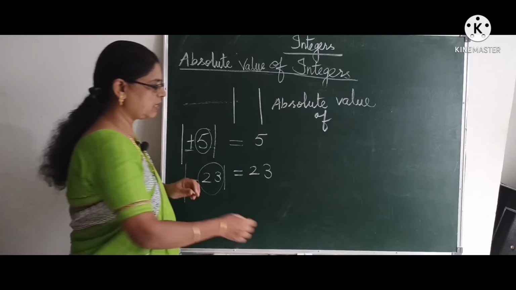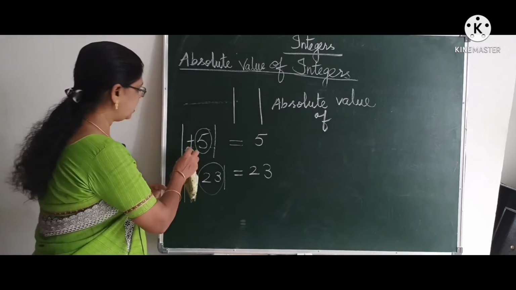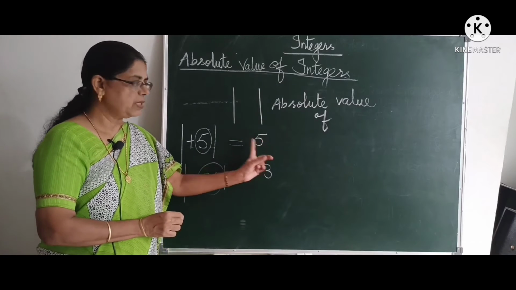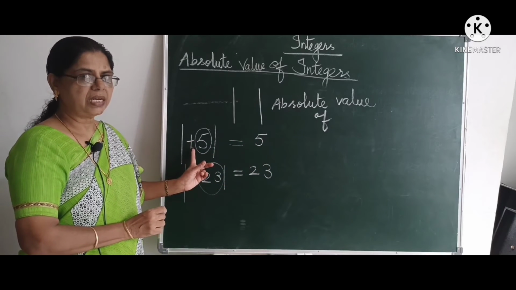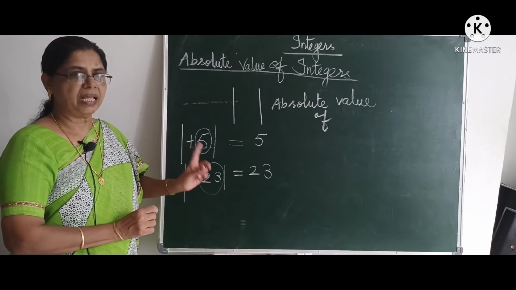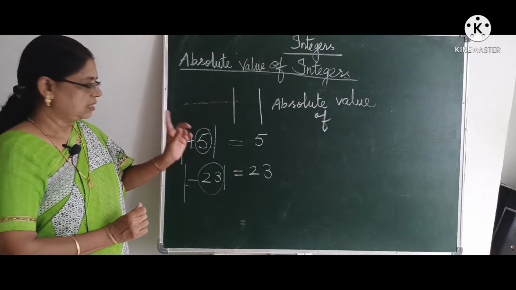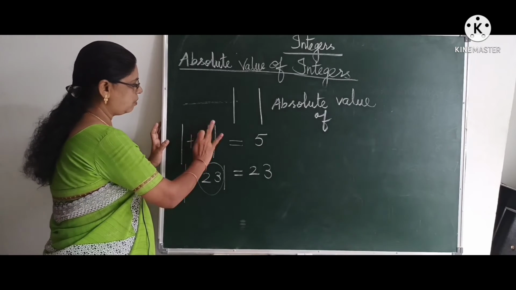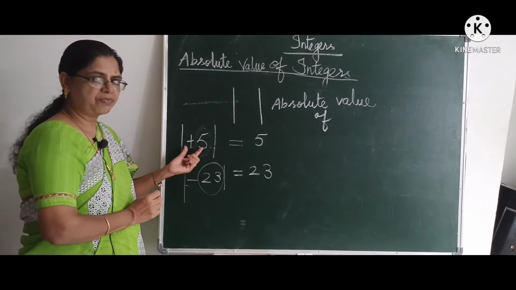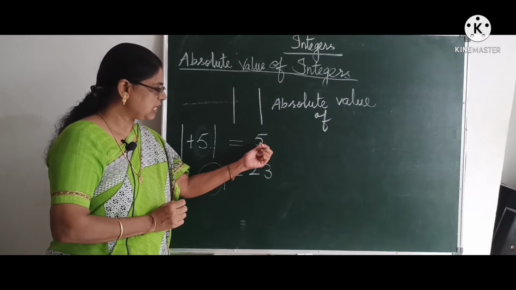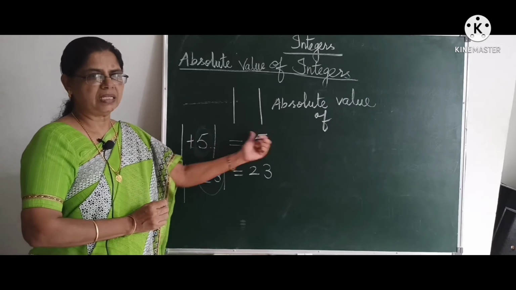So when you find the absolute value of any integer, the absolute value will be either equal to the given integer or greater than the given integer, but never less than the given integer. For example, look at plus 5. What is the absolute value of plus 5? It is 5. Here the absolute value is equal to the given integer.